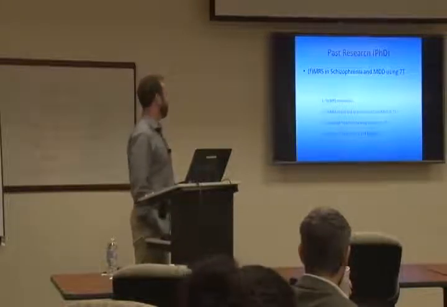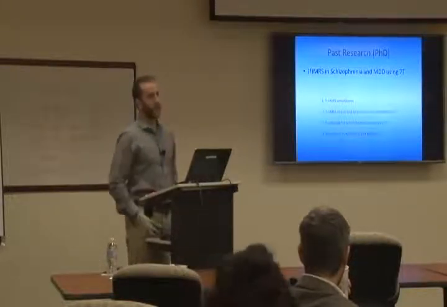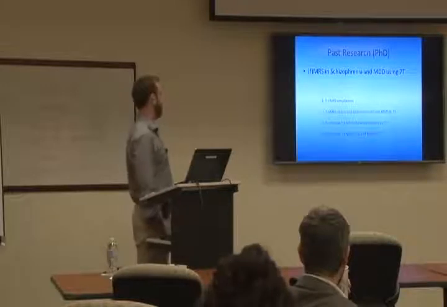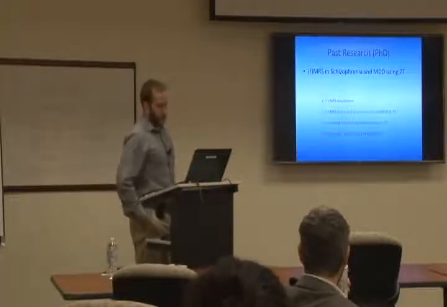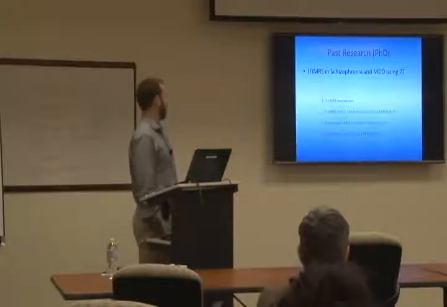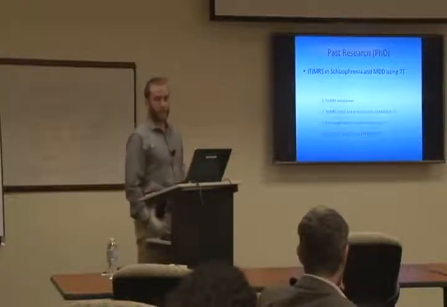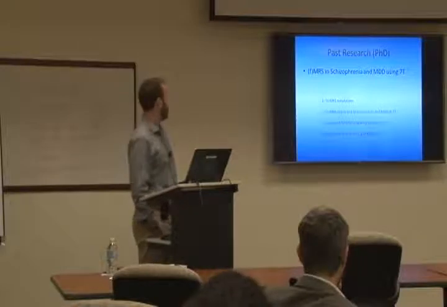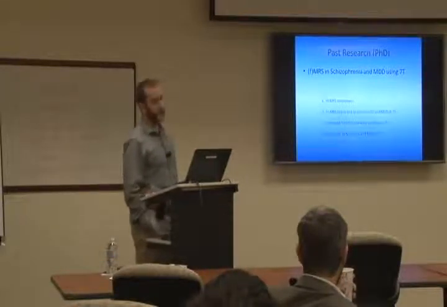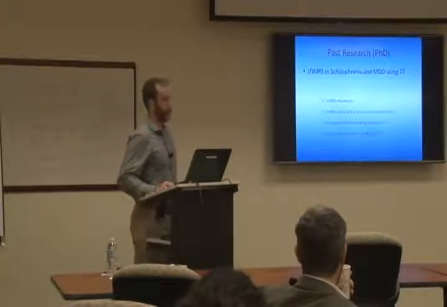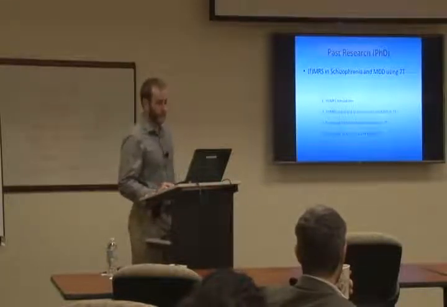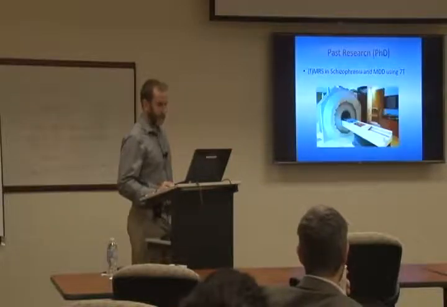We did single voxel spectroscopy in the anterior cingulate and the thalamus in schizophrenia and major depressive disorder at 7 Tesla. And then the goal was to do functional spectroscopy, so we have a study just in healthy controls, as a proof of concept technique paper. And then we extended that to schizophrenia and major depressive disorder. I'm going to skip over these simulations because they're very boring, so I won't waste your time with that.